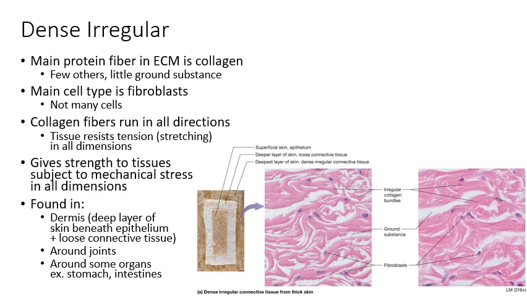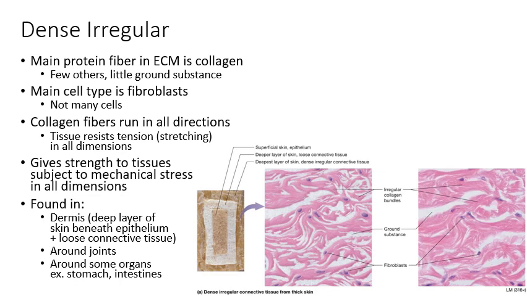You can also find dense irregular connective tissue around your joints. Right, so as your joints are moving and bending, they're subjected to stress in many directions, well, depending on the joint, but the stresses can be coming in many directions and could be unpredictable. So dense irregular connective tissue will be providing strength there.